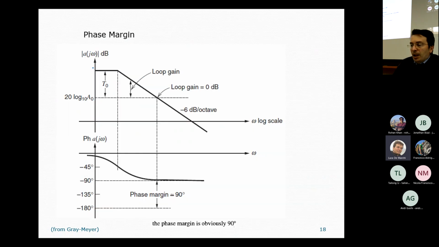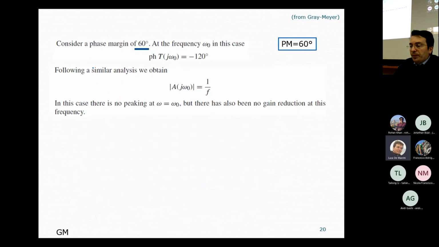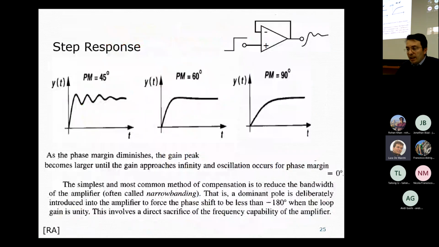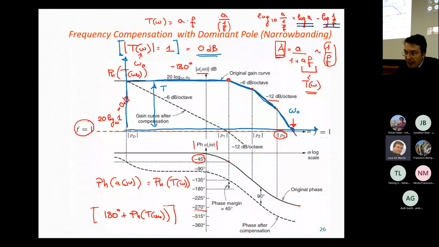The problem is that if we look again at this plot and we check the value of the phase in correspondence to omega null, we have that the phase is around minus 270 degrees, which means that it is less than minus 180.